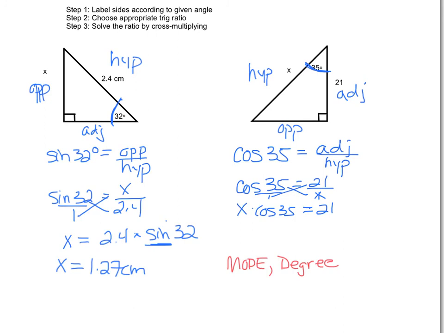Now to get x by itself, we're going to divide both sides by cosine of 35. So now you'll put this in your calculator, 21 divided by cosine of 35, and you should be getting 25.64.